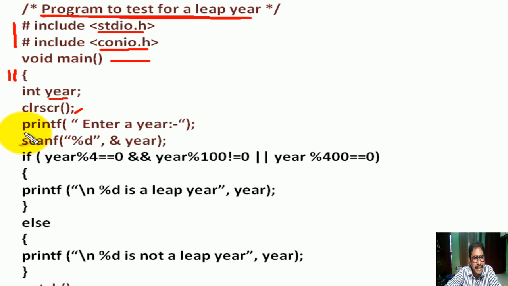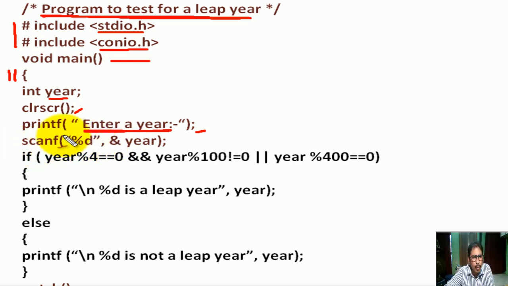Now type printf within bracket within quotation: enter a year colon, whichever message you may write, semicolon. Printf function only displays this message in your own language. Okay.